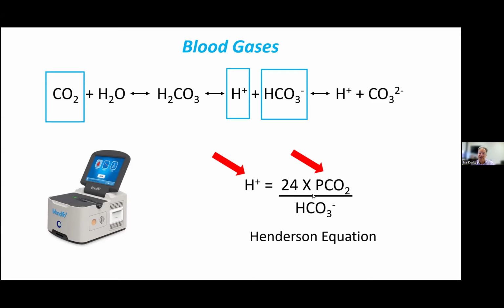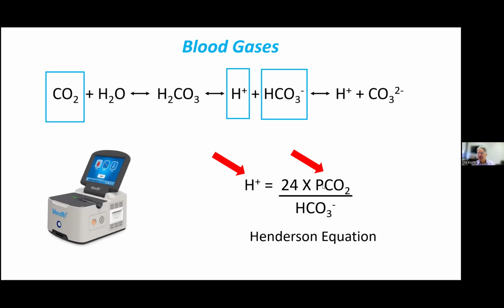And so what people did is, instead of having to use logs, they took the anti-log of the so-called pK in the reaction, and included in it the solubility coefficient of carbon dioxide to come up with this linear equation, which states that the hydrogen ion concentration equals 24. This is a constant. It's always true. It doesn't change in acid-base disorders. It's a constant number, 24, times whatever the PCO2 is over the bicarbonate.